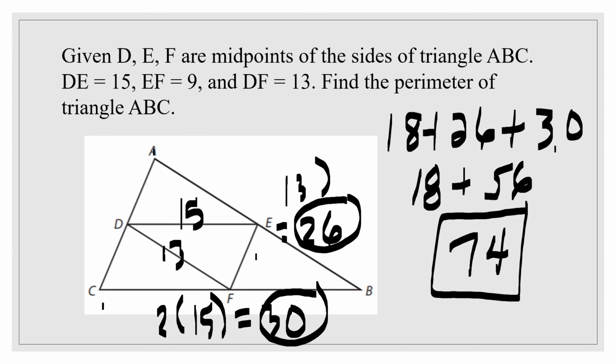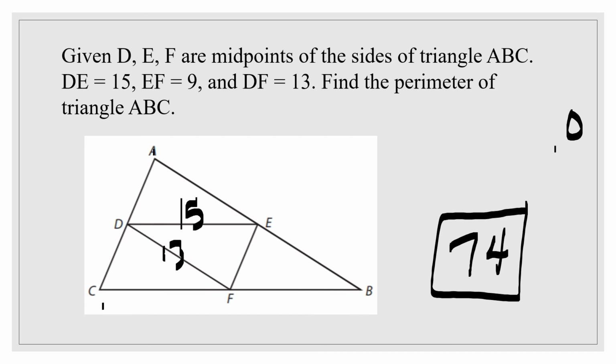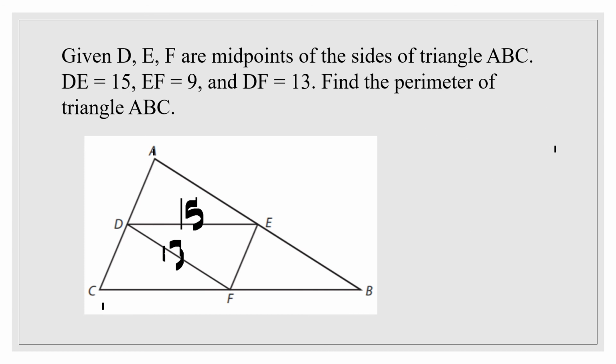If you notice on the inside of that particular triangle, the bigger triangle, the length of segment DE is 15, segment EF is 9, and segment DF is 13.